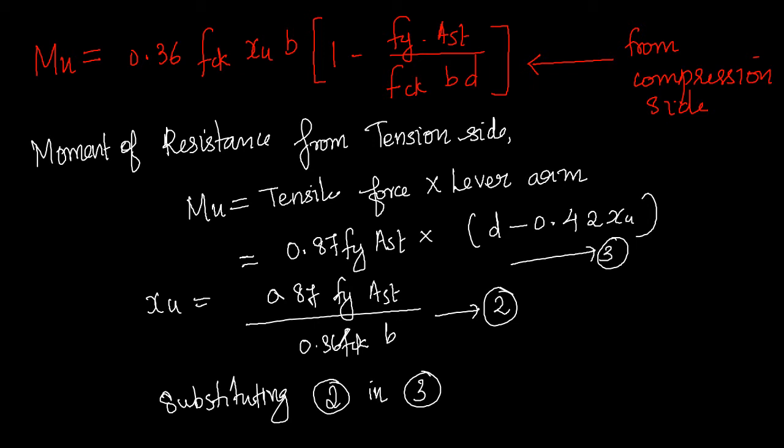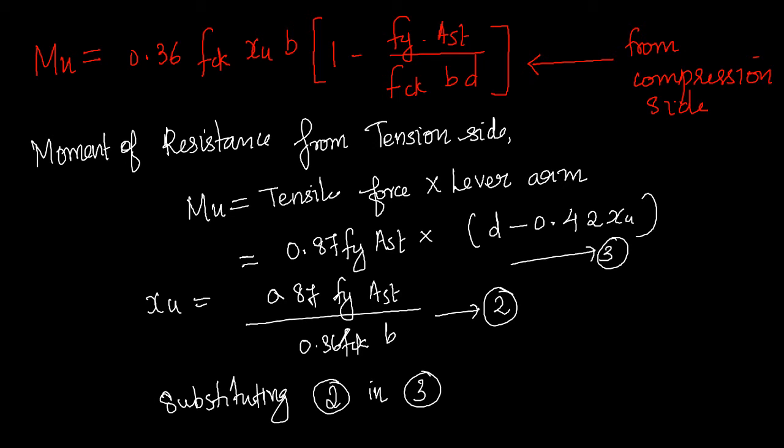We already have XU, that is 0.87 Fy AST divided by 0.36 FCK b. This expression for XU was already marked as 2.